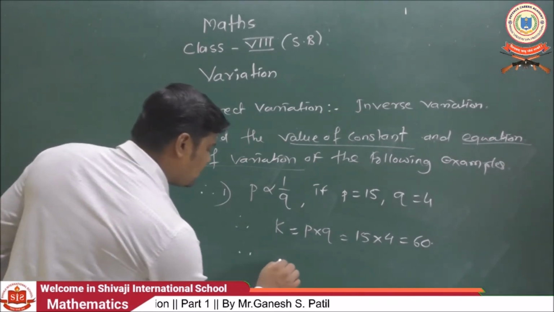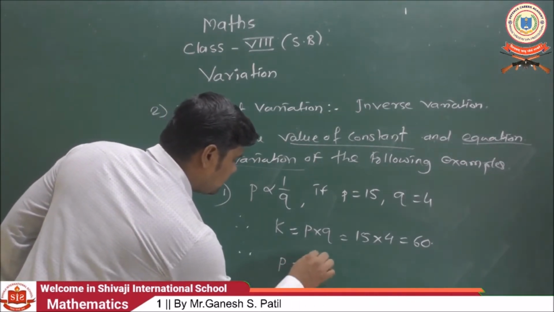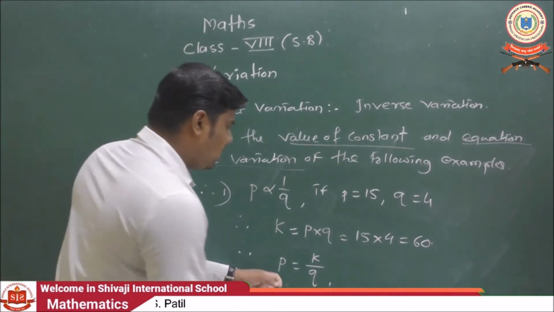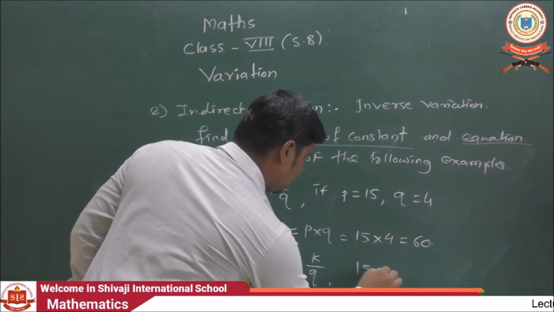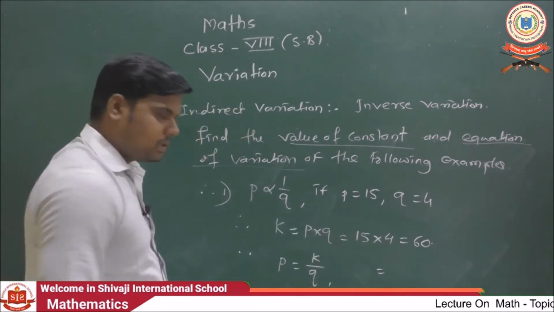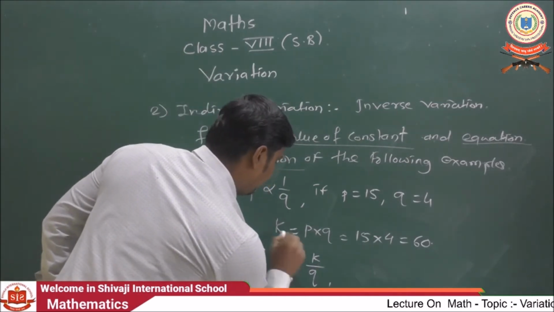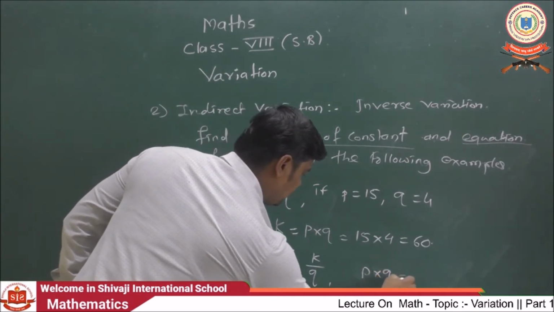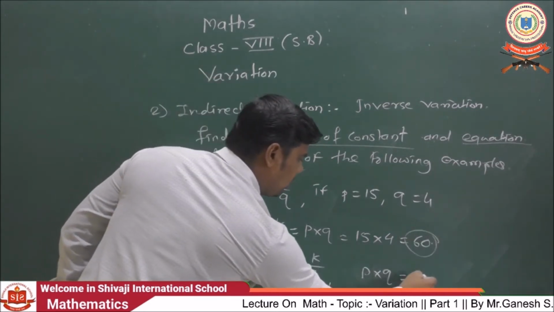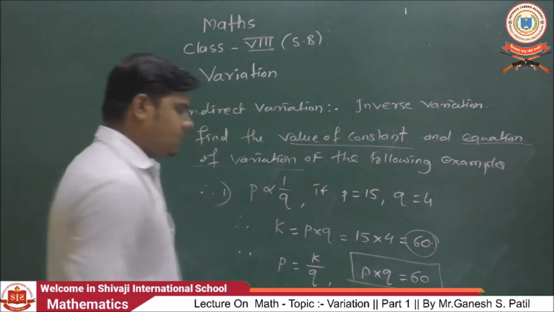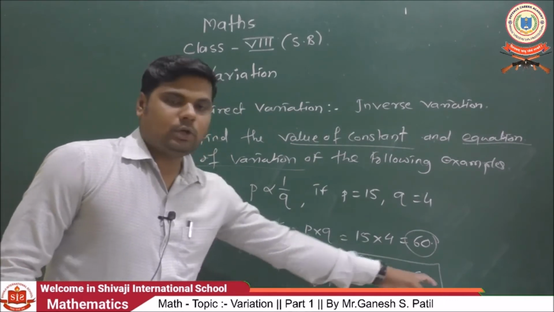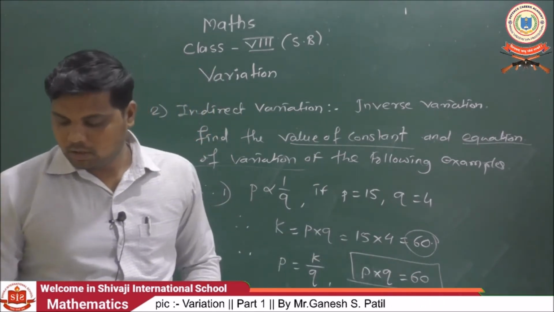And what is the equation? Equation is P is equal to K upon Q, or P into Q is equal to K, and the value of K is 60. This is the value of constant, and P into Q is equal to 60 is the equation of variation.